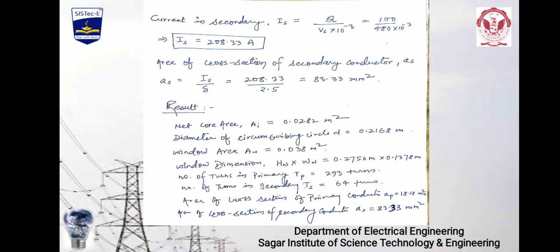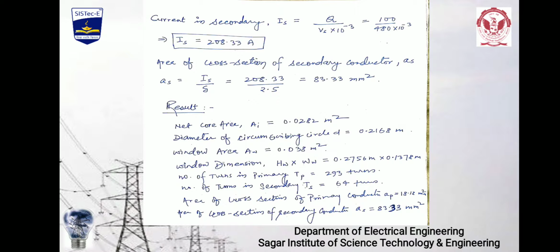Current in secondary, that is Is, is equal to Q upon Vs into 10 raised to power minus 3. Put the value, you will get Is is equal to 208.33 ampere. Now area of cross section of secondary conductor represented by As is equal to Is upon delta. You know the value of Is and delta.